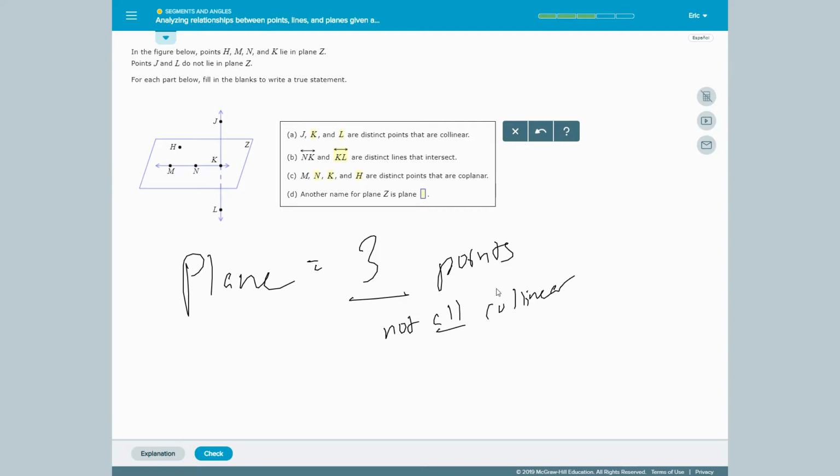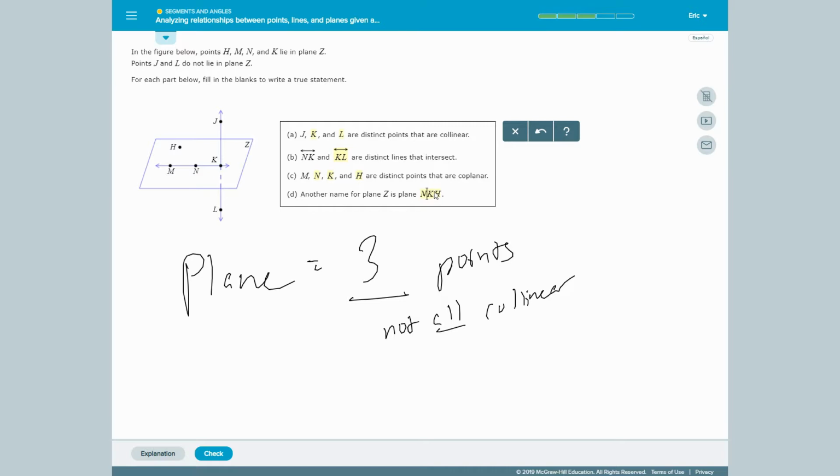What that means is that I can name a plane with any 2 points on one line and 1 extra point left over. So for example, what are 2 points that are on a line on my plane? Well, M and N. And what's a leftover point not on that line? Well, H. Or my 2 line points could be M and K or N and K.